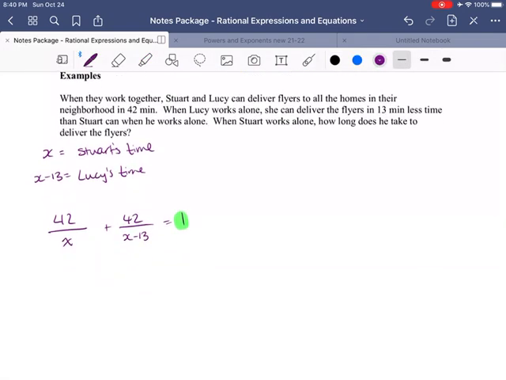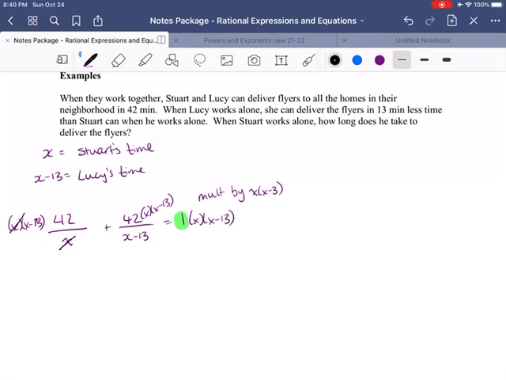So let's solve this. Multiply everything by x and x minus 13. Okay, let's do some slashing.